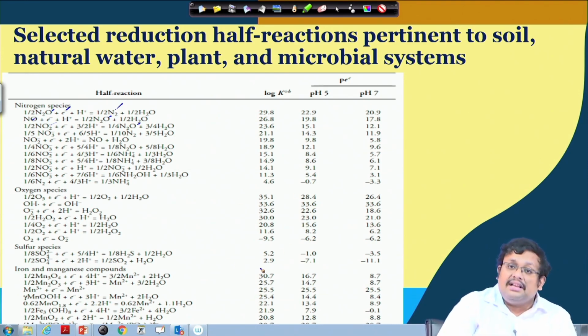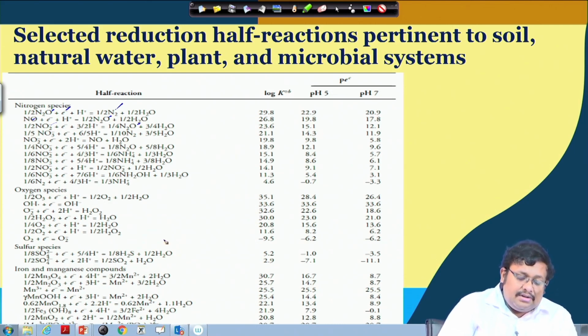In case of sulfur, sulfur also undergoes different reactions. You can see sulphate will be reduced to H2S, or hydrogen sulphide, and it can also be reduced to sulfur dioxide. So, you can see here the conversion of the sulfur species.